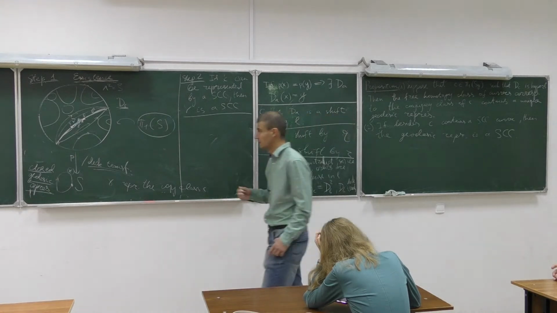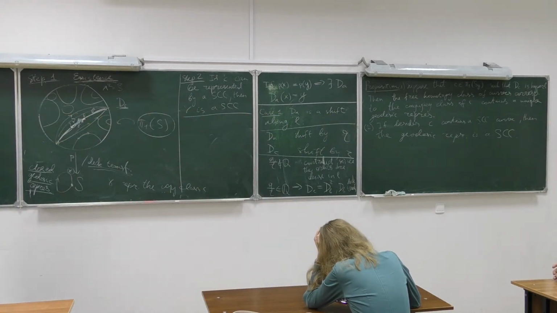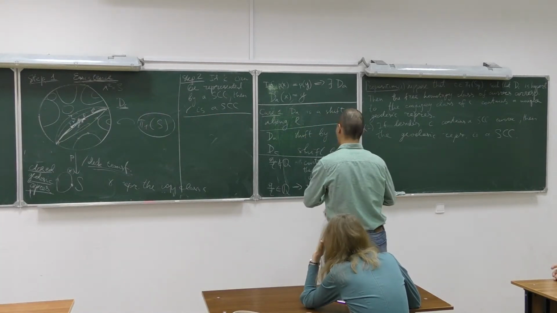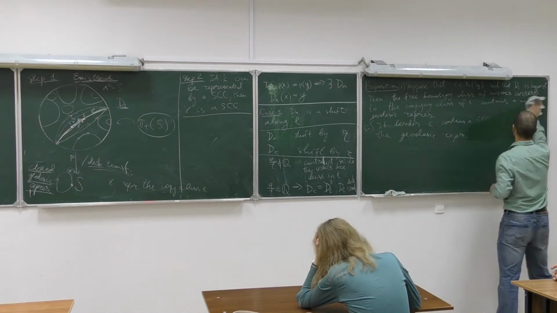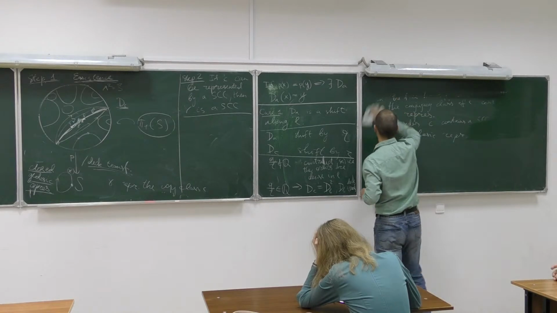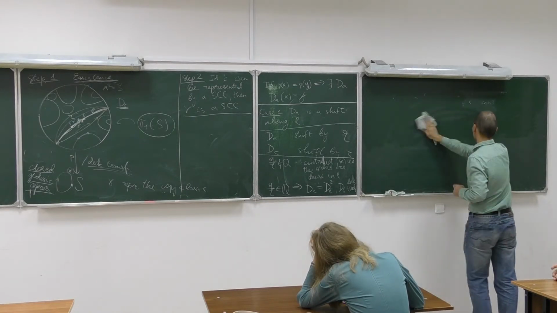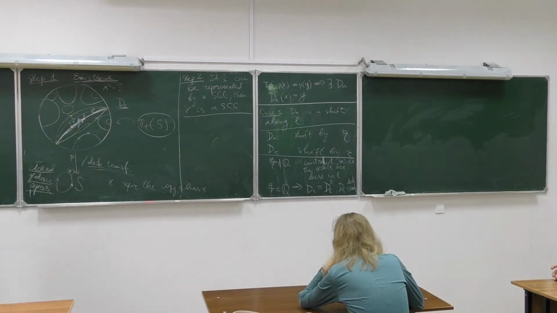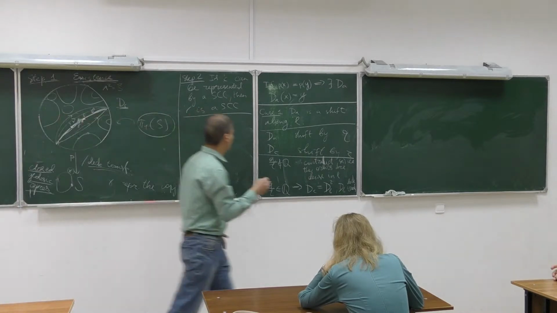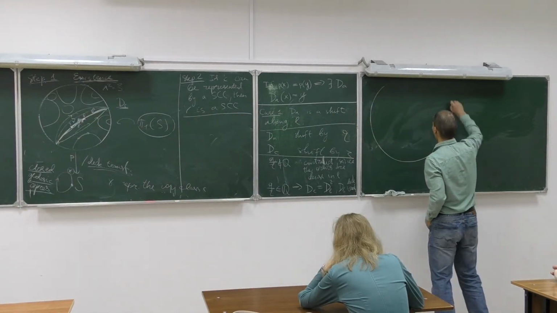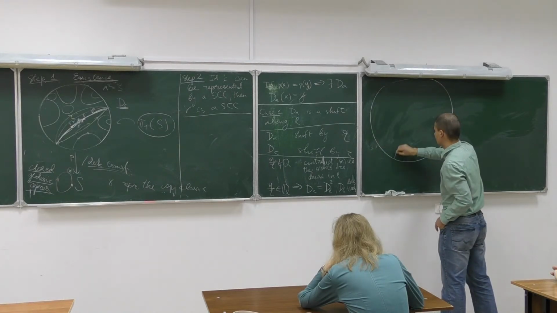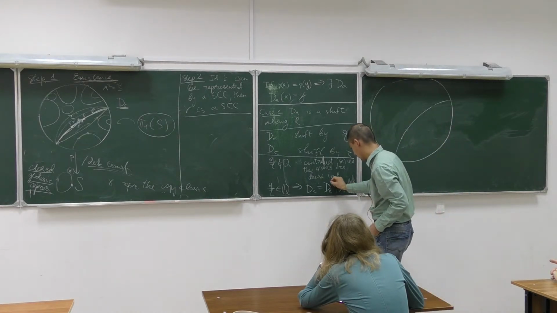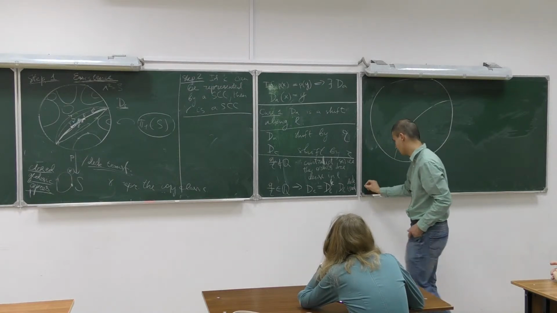And let us understand why such a situation is impossible. I would like to draw it once more. We have this line, and we have some shift, and some power, where k is greater than 1.